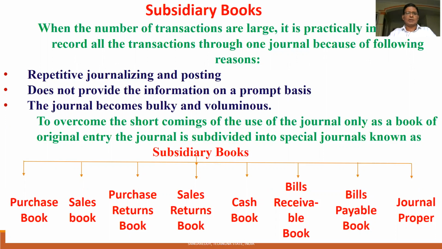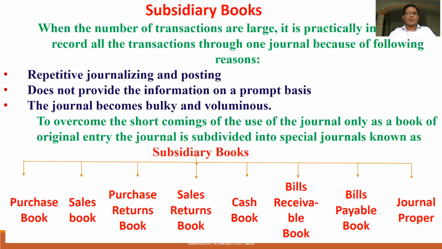Only credit purchase of goods is written in the purchase book, and in the sales book credit sale of goods is written. Purchase returns book means the goods which are returned to suppliers are recorded in the purchase returns book. The goods returned by customers are recorded in the sales returns book. This is very easy to write in subsidiary books.